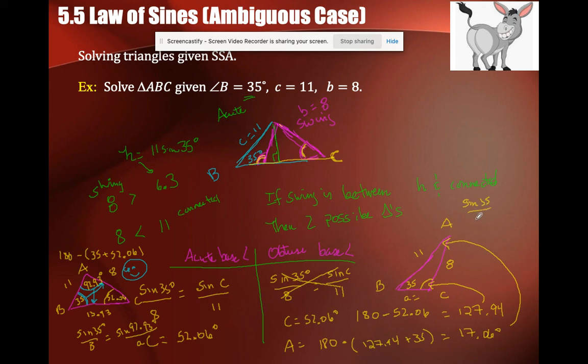Sine 35 over 11 is sine 127.94 is to A. Sorry, not 124, 17.06. And when I cross multiplied and isolated A, I got 4 point, what is that, an 0 or an 8? I think it's an 8. Which I expected to be shorter than the one I got over here.